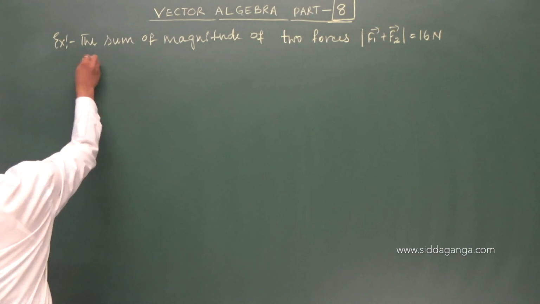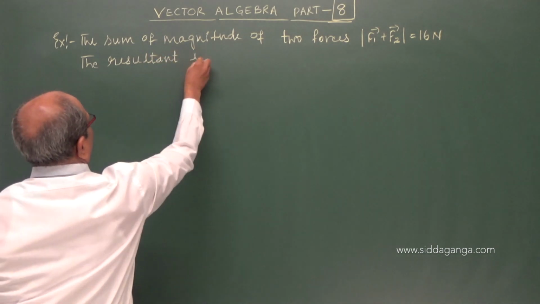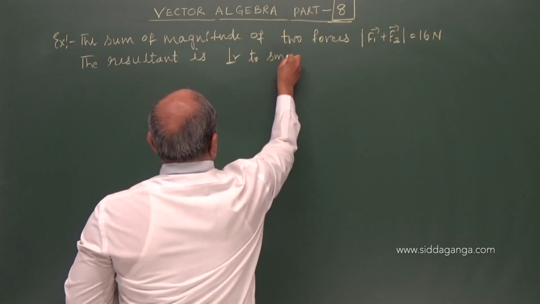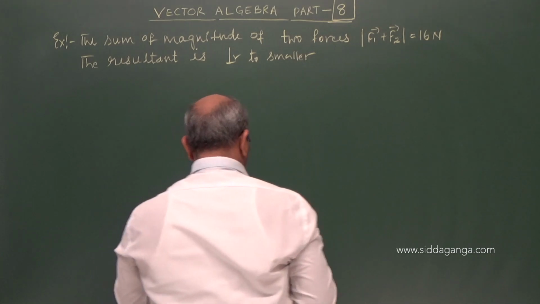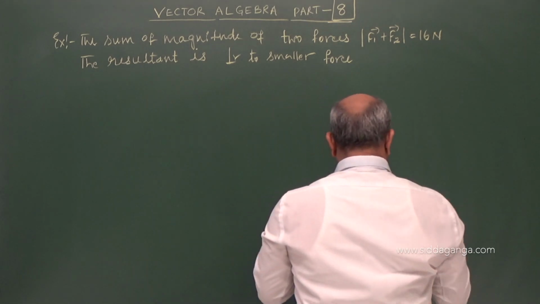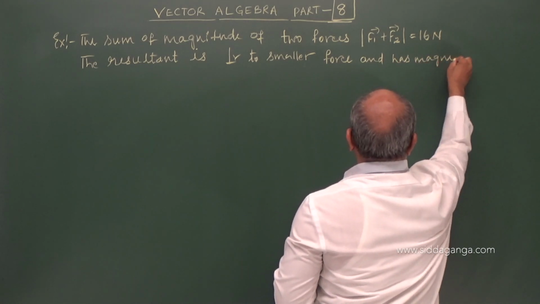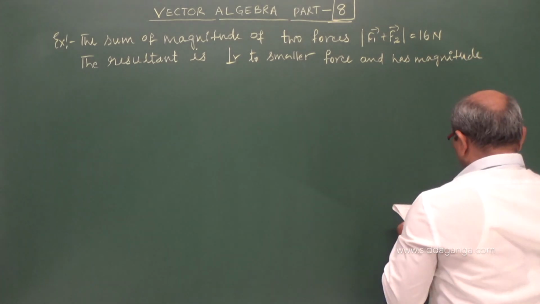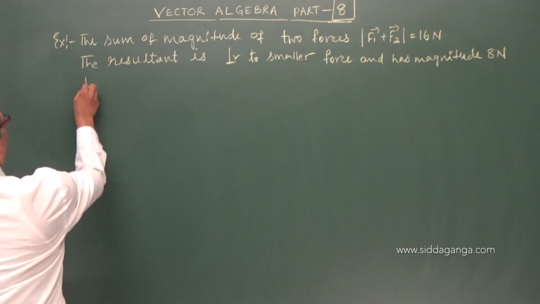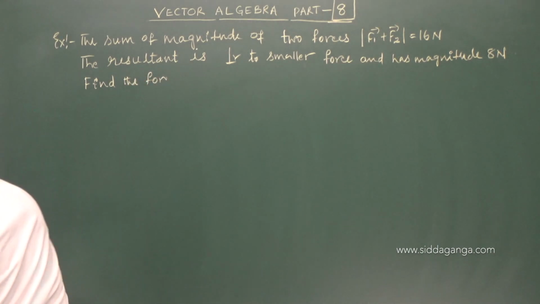The resultant is perpendicular to the smaller force and has magnitude 8 Newton. Find the magnitude of the forces.